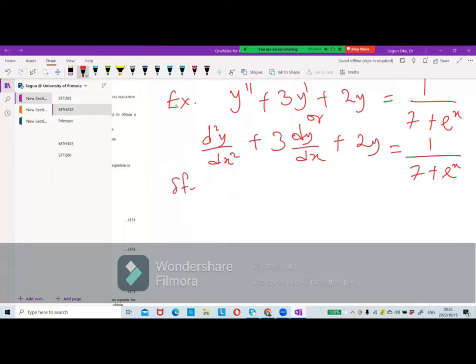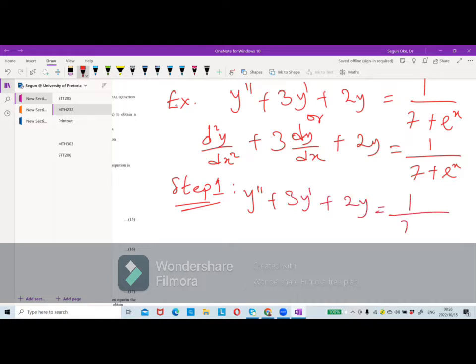It's in standard form, correct. Then you've done step one. Step one now, put the equation in standard form: y prime prime plus 3y prime plus 2y equals to 1 all over 7 plus e to the x.